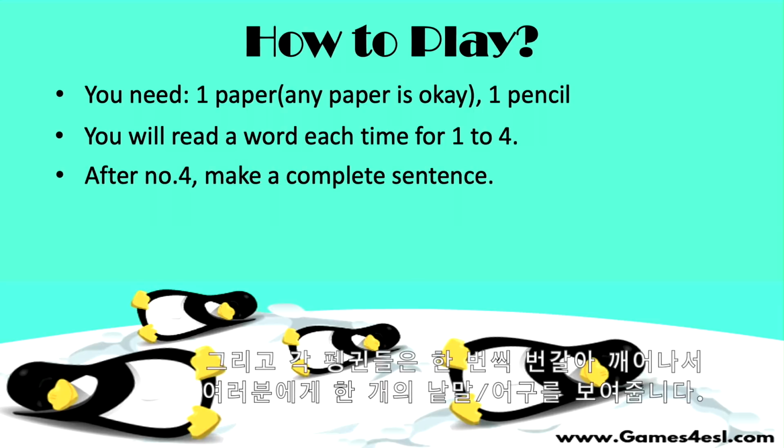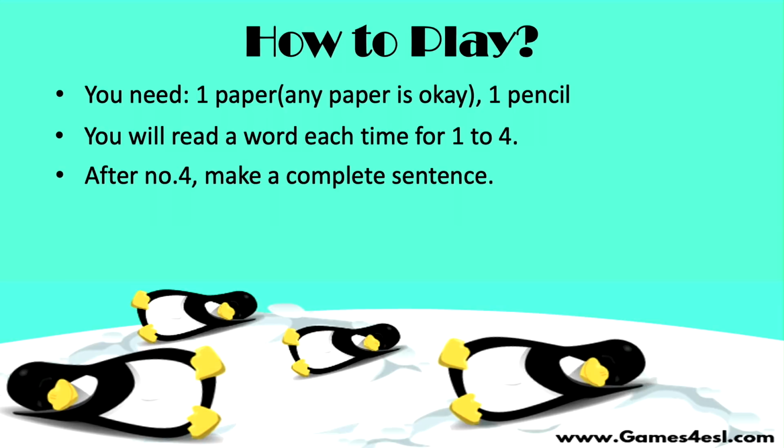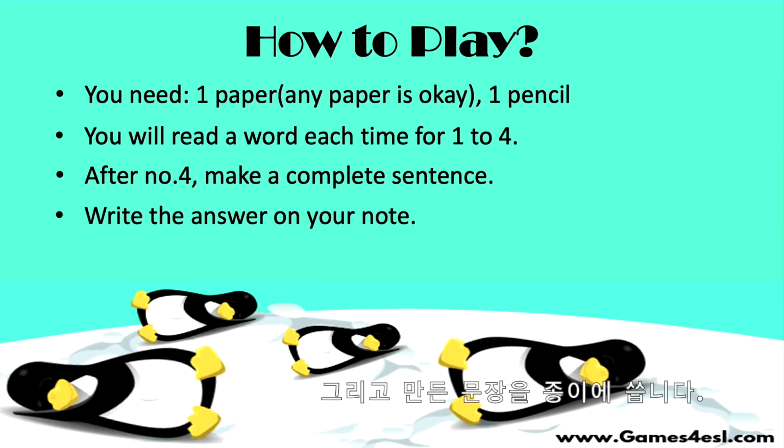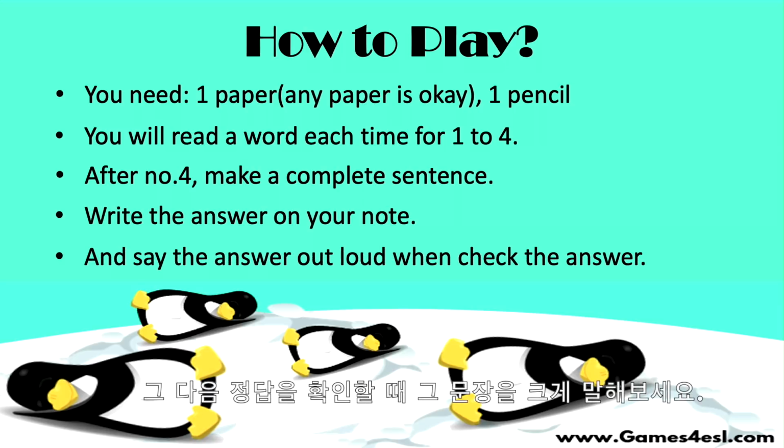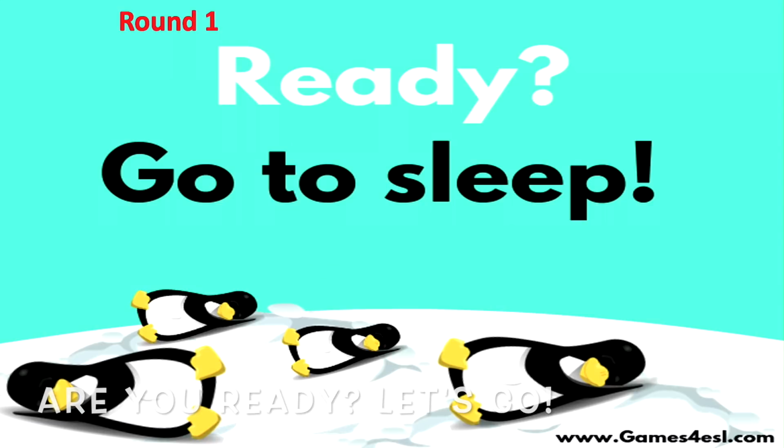Each time they will awake and show you one word or phrase. After you read 4 words, make a complete sentence in the correct order and write the answer on your paper. Then say it out loud when we check the answer. Are you ready? Let's go.